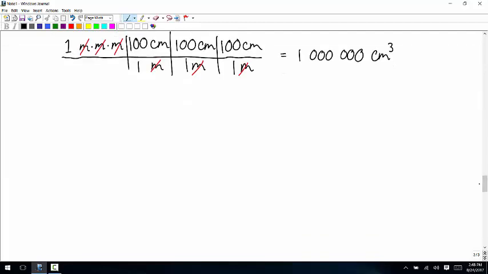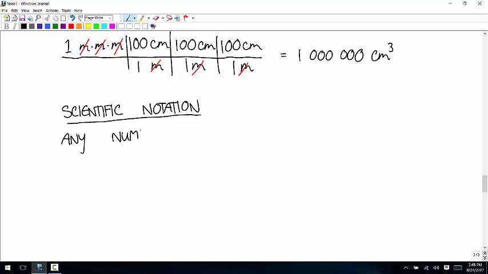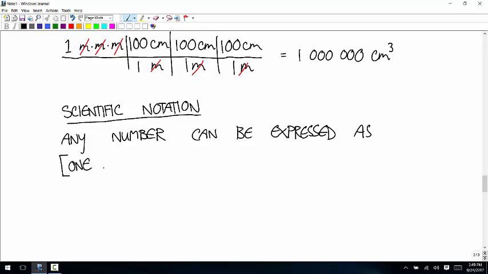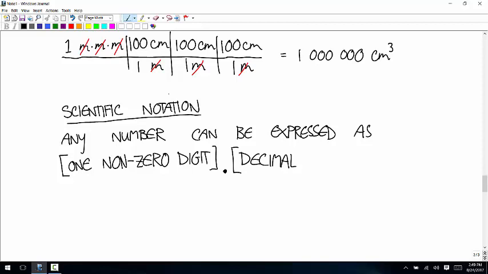Okay, the next thing we have to talk about is scientific notation. And the idea of scientific notation is that any number can be expressed as one non-zero digit, then a decimal point, then a decimal, and then times 10 to an integer.